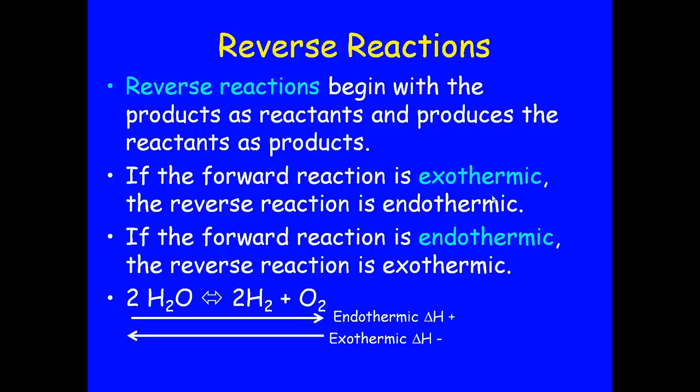So if the forward is exothermic, the reverse would be endothermic, and vice versa. If the forward is endothermic, the reverse has to be exothermic. This is an example. I know that it's endothermic to decompose it, but in the reverse, it's going to be exothermic.